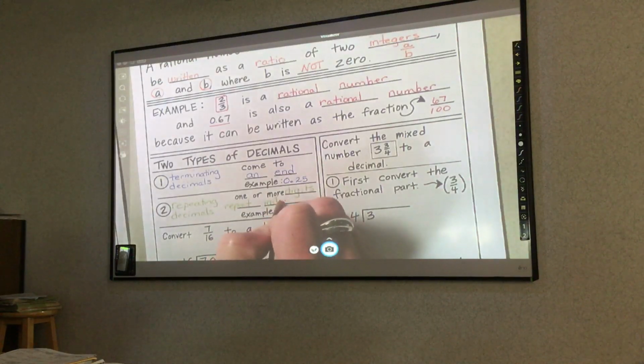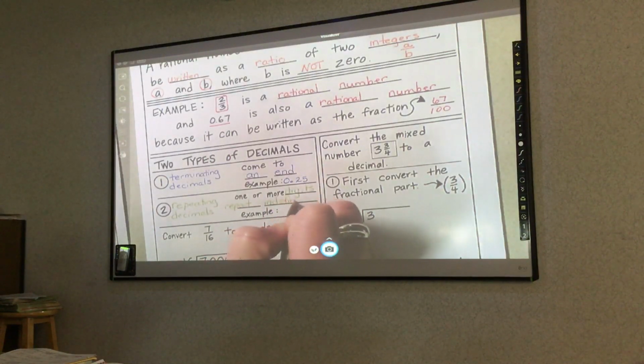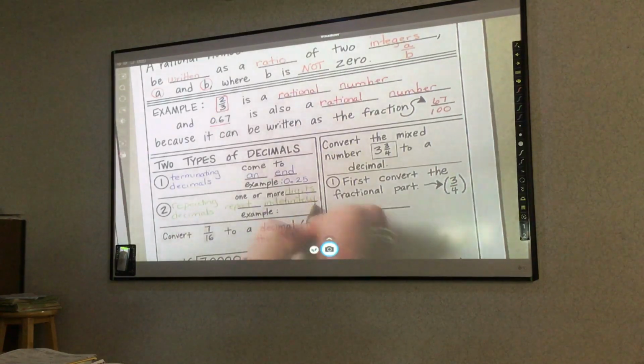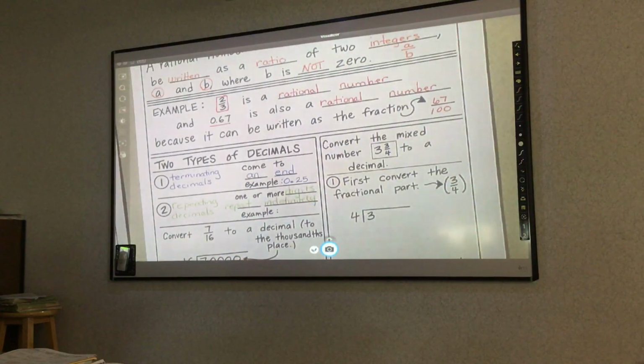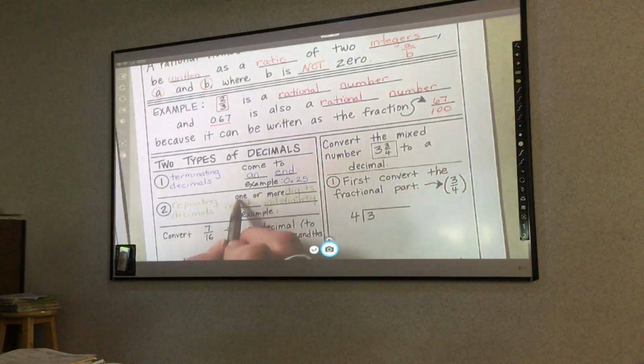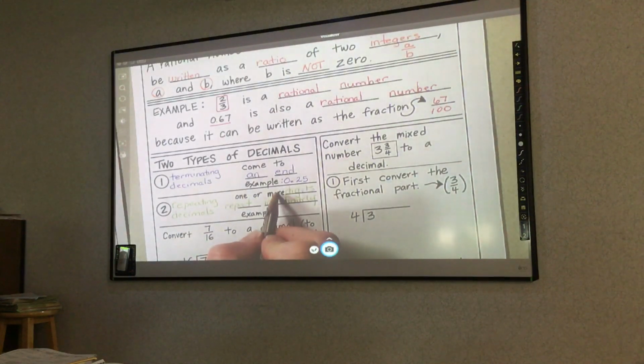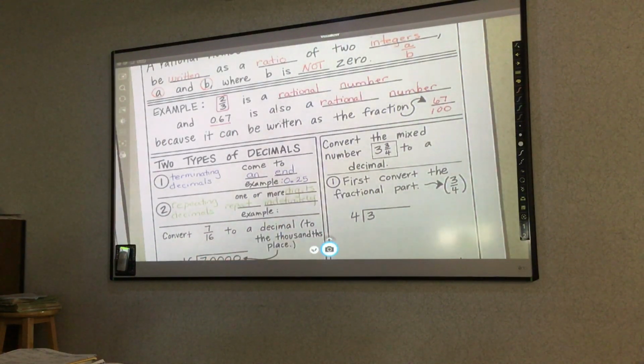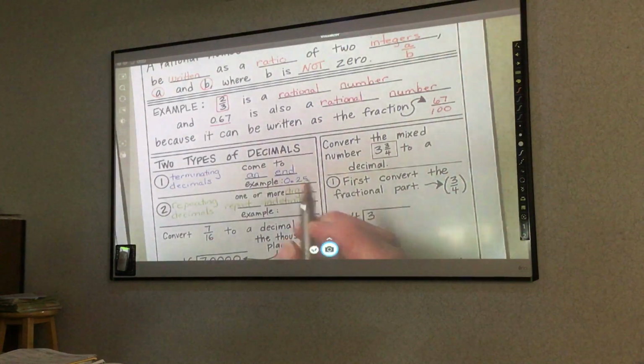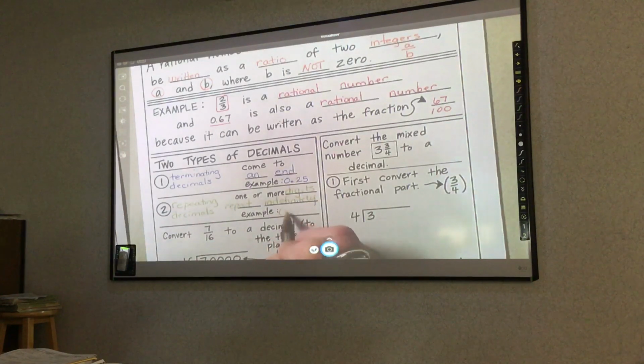That means it never stops. Remember it's one or more, okay? Remember we did that one division problem with the decimals, and we had to go out 5 places past the decimal, and then it finally started to repeat. So sometimes it can be all the way that far. But here's an example of a repeating decimal.